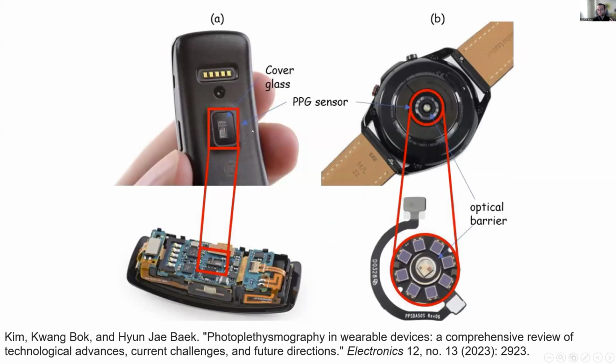There may be one, there may be a few. It depends exactly what the manufacturer is doing with the signal. But the bottom line is that this is a technology that is embedded in wearable devices that are recording PPG.